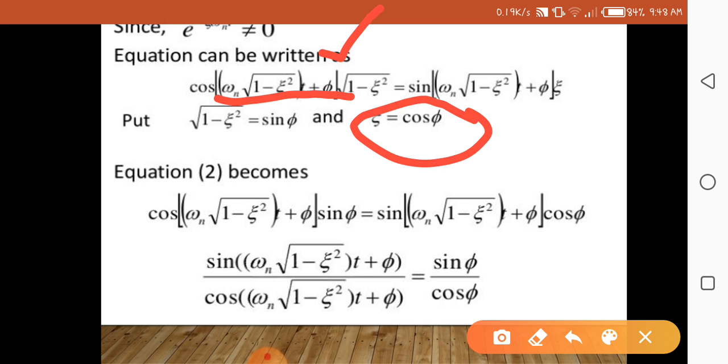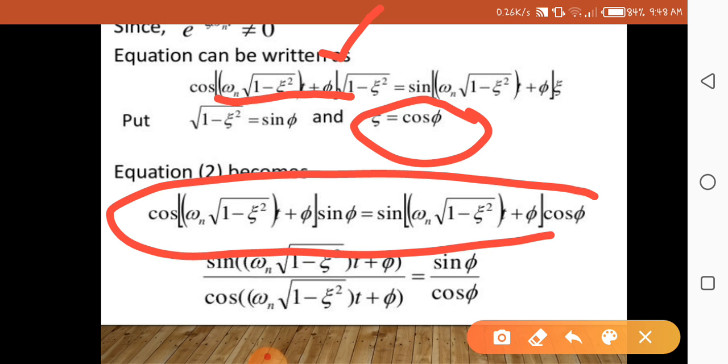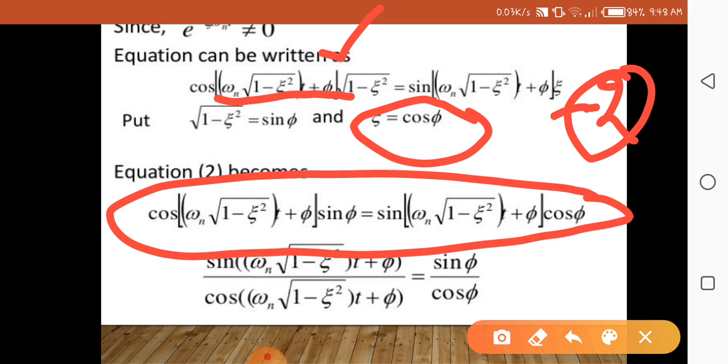So the last equation is rewritten as this. After putting the values, equation 2 is cos omega n root 1 minus zeta square t plus phi, sin phi, is equivalent to sin omega n root 1 minus zeta square t plus phi, cos phi.